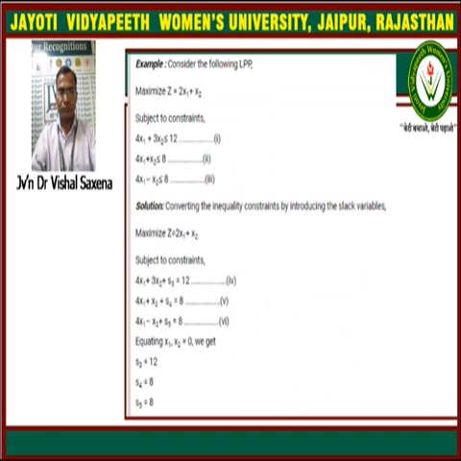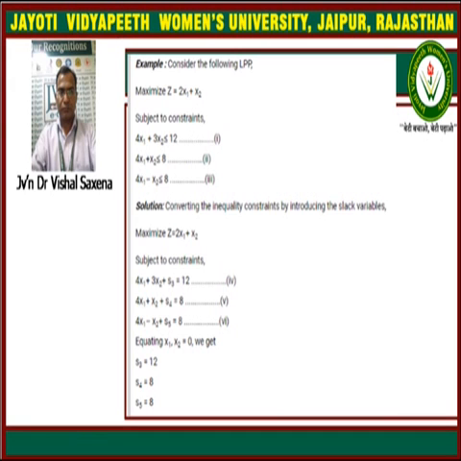One example is given to understand the meaning of degeneracy. The question is: maximize Z = 2x1 + x2, subject to three constraints.